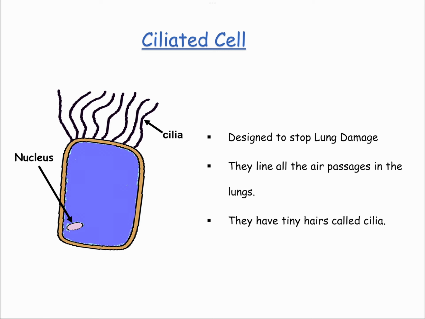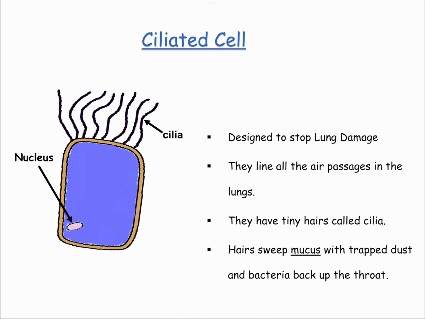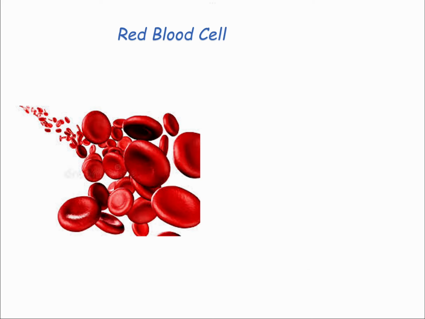They waft back and forth to move waste or dust and bugs like bacteria out of the lungs to prevent infections, etc. So they trap them in mucus, and it's either coughed up or you swallow it, and in doing that it helps to protect our breathing system.